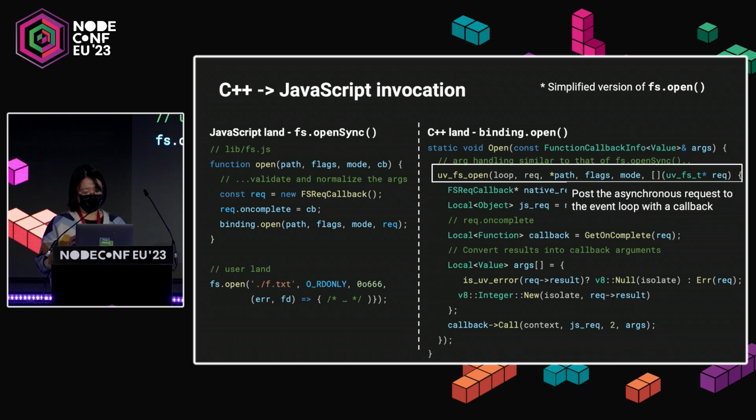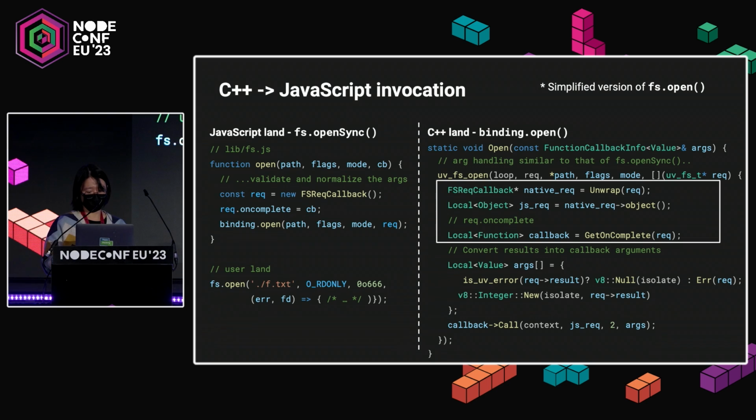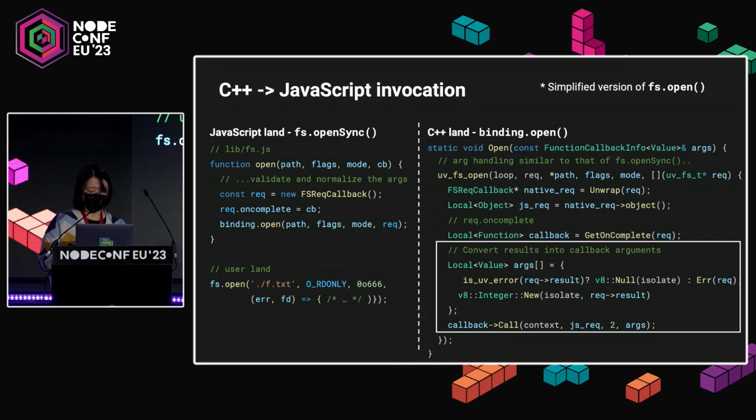And in the C++ land, instead of invoking the synchronous version of the libuv method, we invoke the asynchronous one and post a task into the libuv event loop with a callback. And when libuv invokes the native callback, we unwrap a bit to get back the JavaScript request object, and we read the oncomplete callback that we assigned before in the JavaScript land. And then it converts the results back to JavaScript values and calls back to JavaScript from C++.